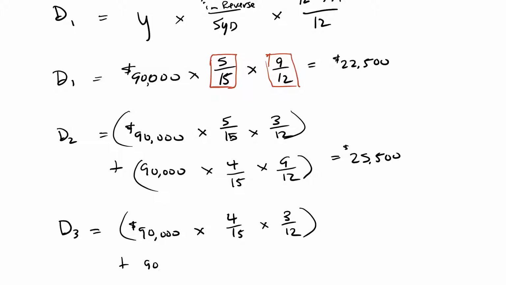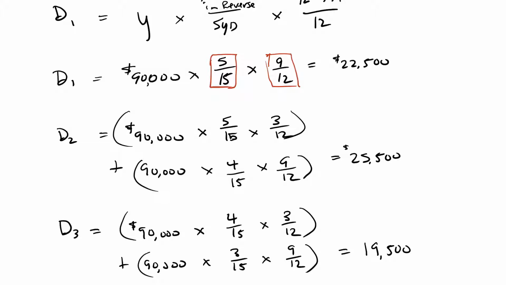And then we step to our next SYD fraction, which is 3 over 15, for the remaining 9 months of that third year, and that will take us to $19,500.